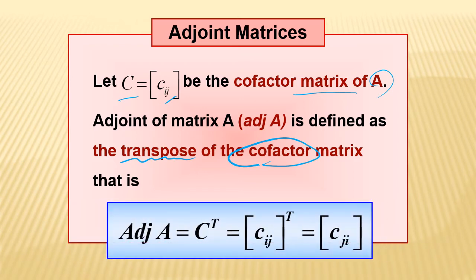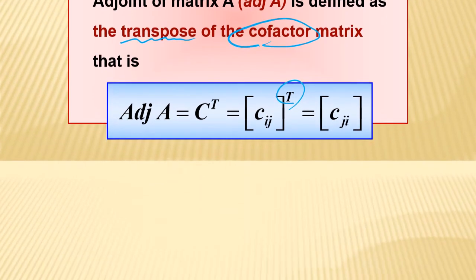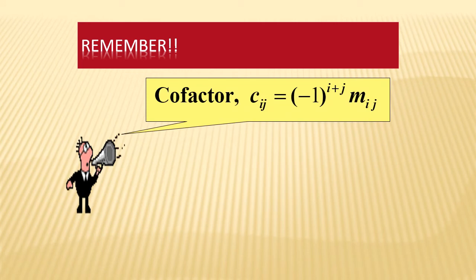If the original cofactor is C_ij, we just have to rearrange the positions of column and row, transposing the C_ij, so we have C_ji. Remember, the cofactor is equal to negative 1 to the power of i plus j times the minor. So we just have a different sign only.